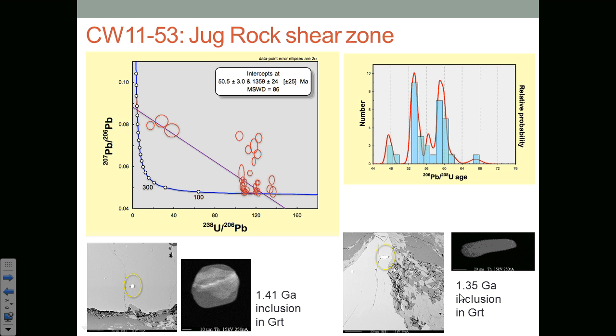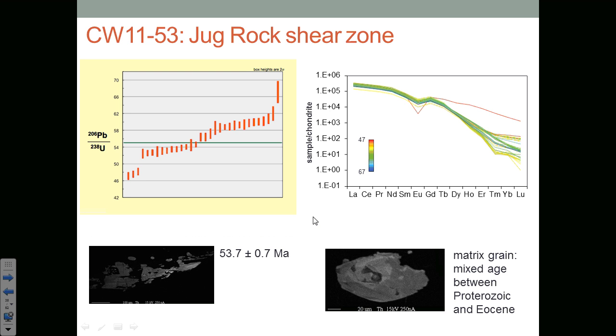And so that's been an interesting aspect, is every time we look at a sample with garnet inclusions, they're always Proterozoic. So these ages we would interpret to reflect growth during the shearing, during the activation of that shear zone and mylonitization and exhumation of these rocks. So this gives us a sense of when that could have started at probably around 59 to 60 million years and continued down until 52 or so.